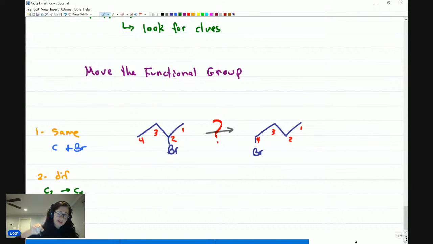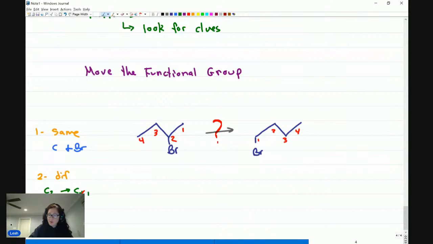That's a trick question. And the answer is no. Do not be afraid to flip and turn and spin your molecules. If bromine is on carbon 2 and this molecule is 4 carbons, I'm just going to number it this way. And now I have to figure out how to move bromine from carbon 2 to carbon 1. I just have to move it 1 position over.